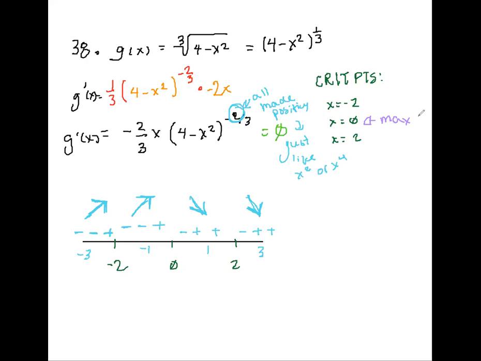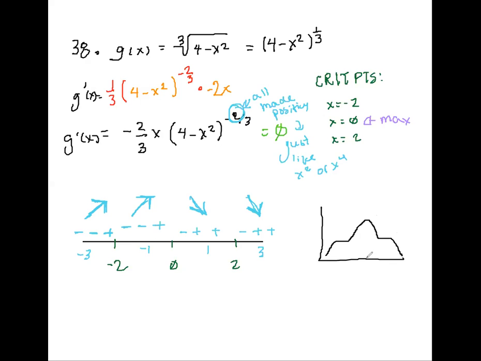They can just be points where the function has a derivative equal to 0. So it might look something like this. I have no idea where this is in terms of scale, but it could just be flat and then up and then down and then flat and then down.